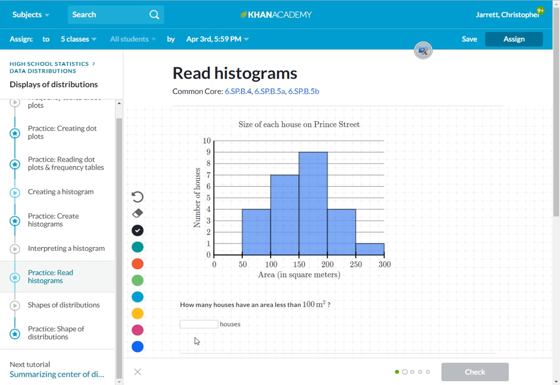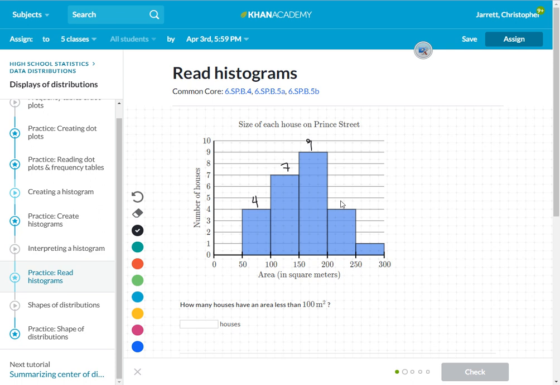How many houses have an area less than 100 meters square? So again, if I look at this data, there are 4 houses between 50 and 100. There are 7 houses between 100 and 150. There are 9 houses between 150 and 200.